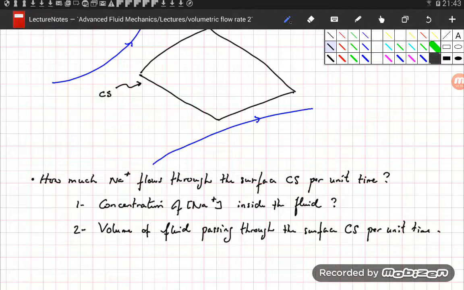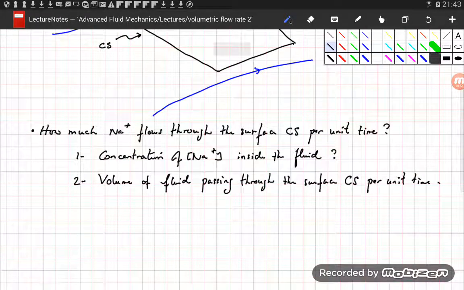Now this volumetric flow rate, or again volume of fluid passing through the surface CS per unit time, I will call Q. And from its definition, you directly see that the units of Q are units of volume per time. So those will be meters cubed per second.